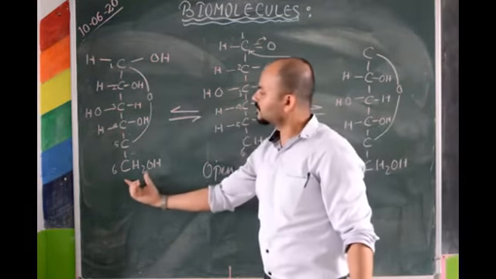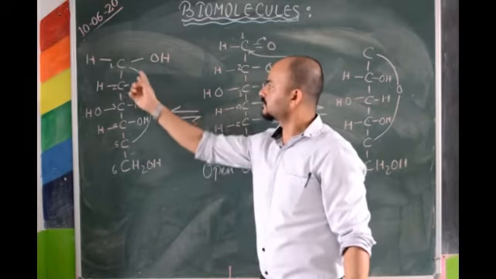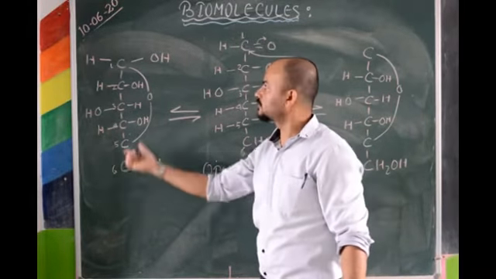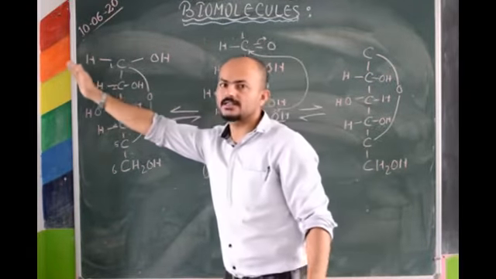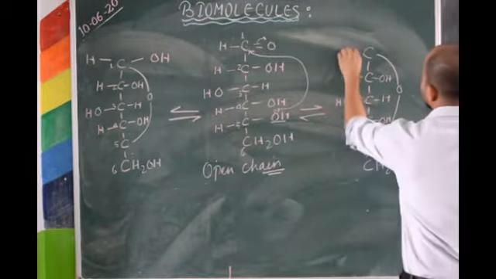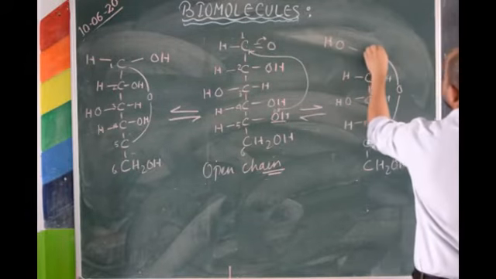Now in this cyclic structure, you have OH this side. Instead of having OH this side, you could have it on the other side also, so OH here and H here.